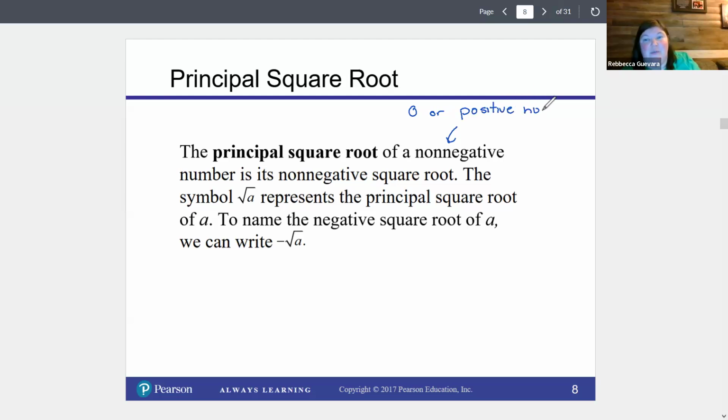So 0 has a principal root, it just has 0, so that's included here. The symbol we see when we see just the square root of a number indicates a principal root, so we only want the positive root. If I want the negative root, then I'm going to say negative square root of a to designate the negative root.